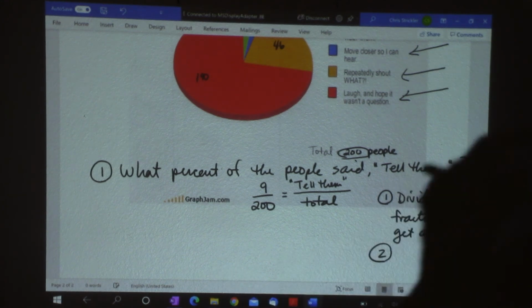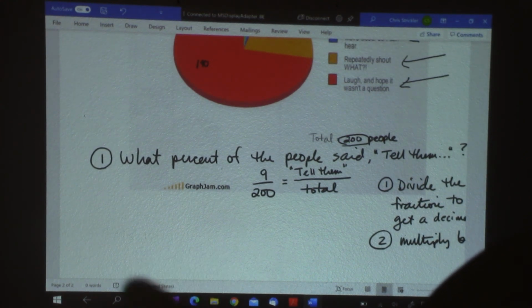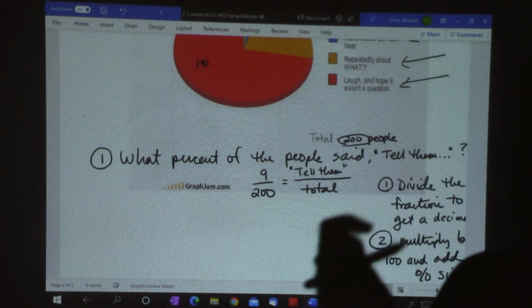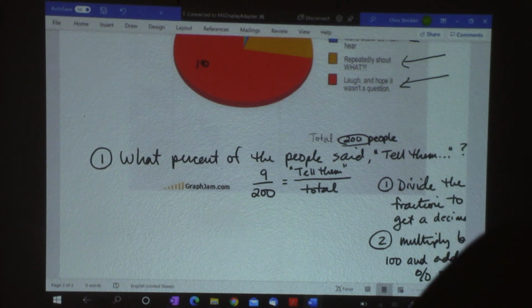And the second thing I do is multiply by 100 and add the percent sign. Okay? Multiplied by. Okay, you can see that.